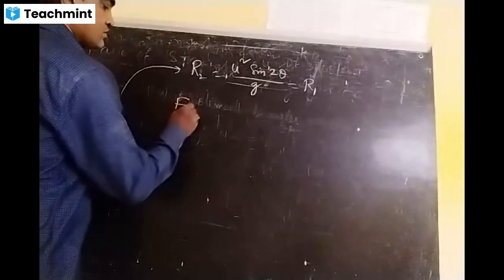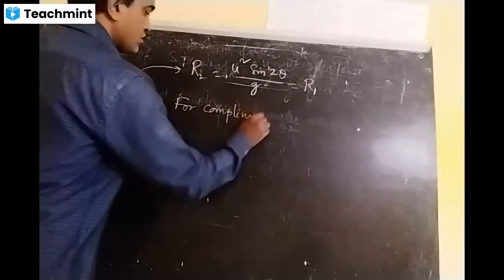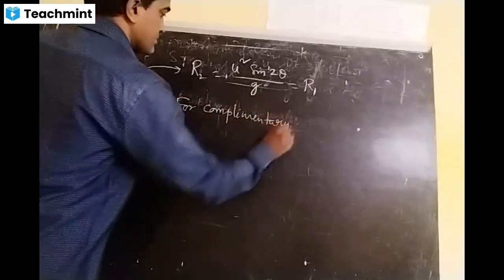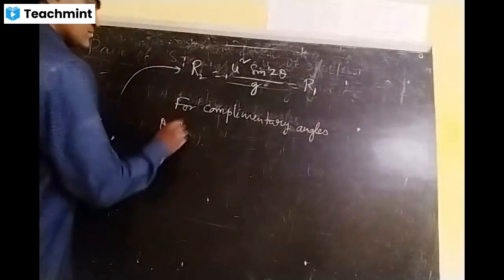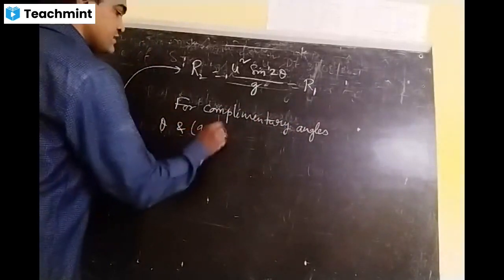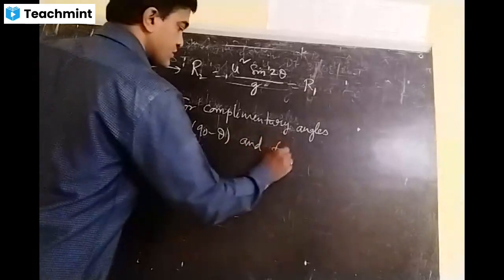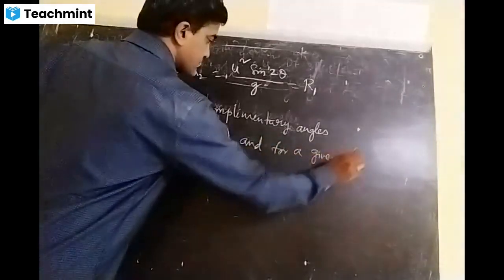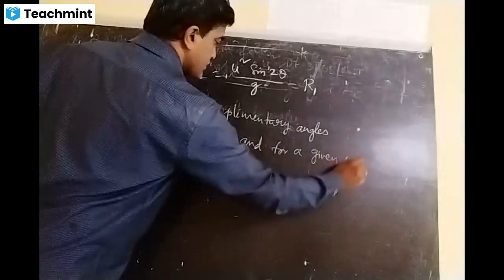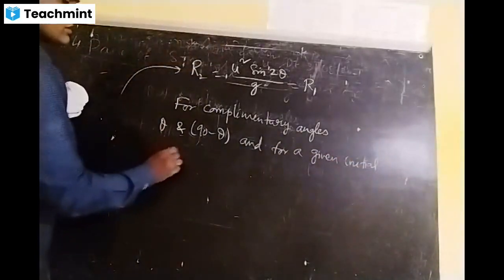For complementary angles theta and 90 minus theta, and for a given initial velocity. Given means what?